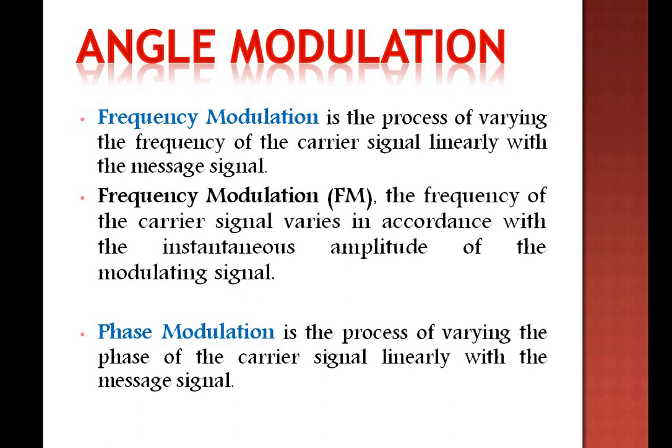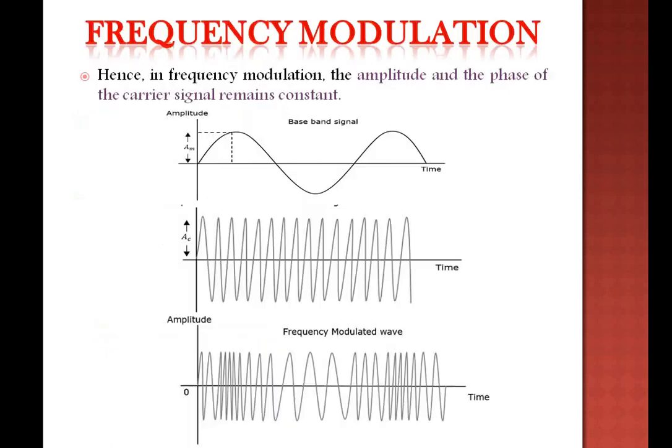Similarly, in phase modulation, the phase of the carrier will be varied in accordance with the amplitude value of your message signal, and the frequency as well as the amplitude of the carrier will remain constant. I hope you are clear with this. Next, by seeing the diagram you can know this is frequency modulation.